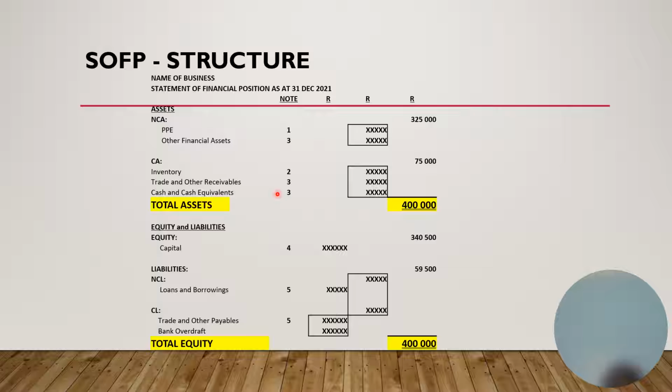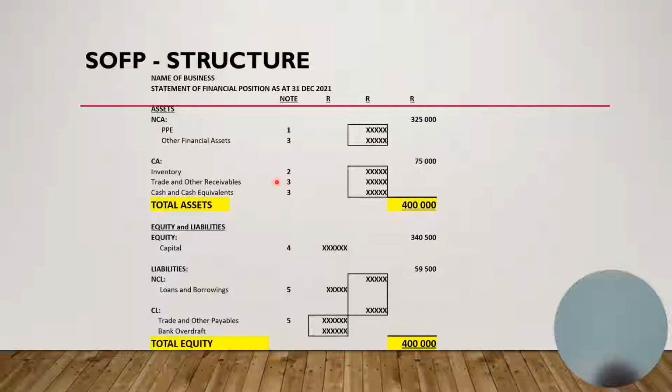Now I want to explain something quickly. With trade and other receivables, for instance, you will have debtors of 50,000 rand. That is people who have to pay the business 50,000 rand. And then maybe we have debtors that are irrecoverable. That means we can't find them for them to pay us, and then we write off their debt.